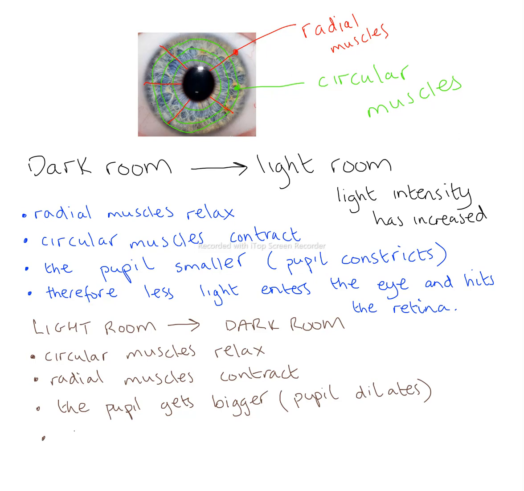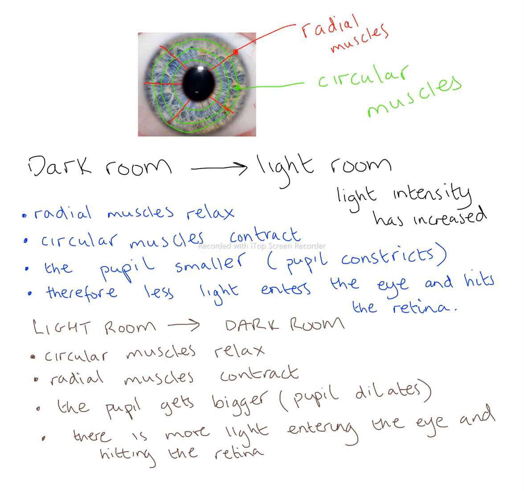So then, therefore, there is more light entering the eye and hitting the retina. Right, it's important to know these. Really useful actually, if you come to think of it.